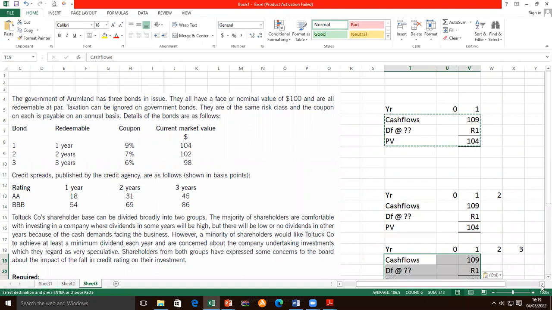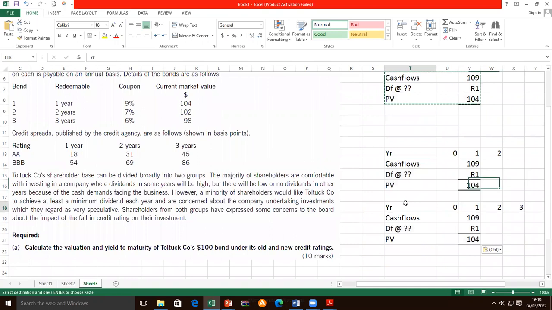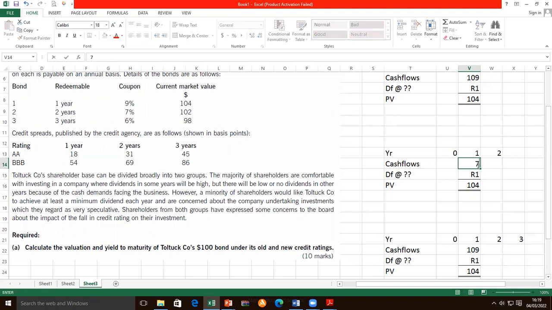So let's try to come up with some format that can help you. This one would have found a discount factor from there. Okay, in year 1, this bond runs for 2 years. So end of year 1, there's just a 7. In year 2, the coupon rate is 7, so it's 107.